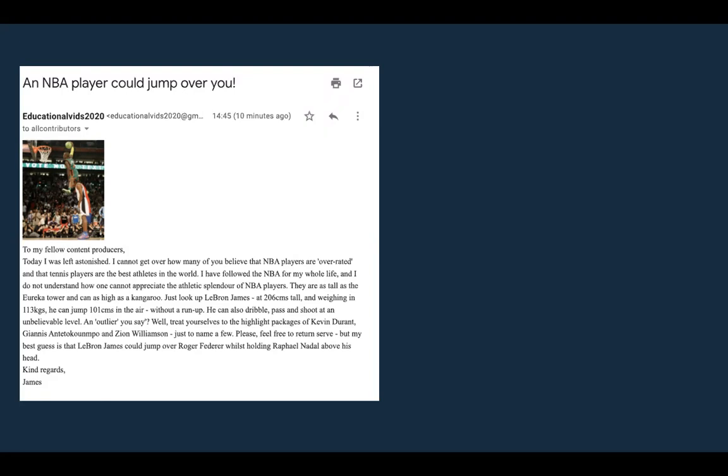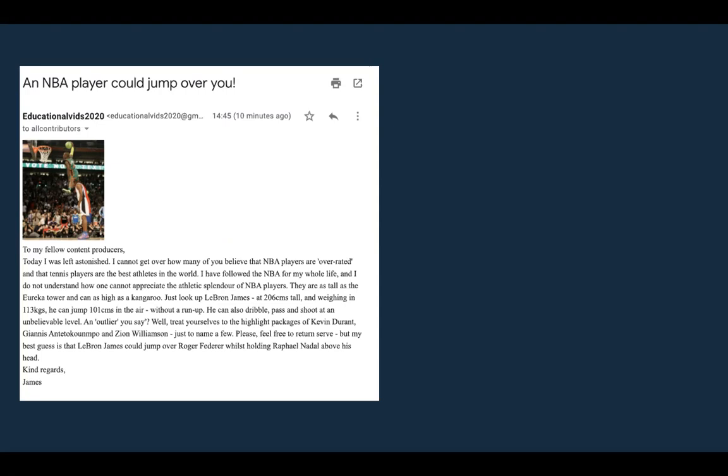I have followed the NBA for my whole life, and I do not understand how one cannot appreciate the athletic splendor of NBA players. They are as tall as the Eureka Tower and can jump as high as kangaroos. Just look up LeBron James. At 206 centimeters tall and weighing in at 113 kilograms, he can jump 101 centimeters in the air without a runner. He can also dribble, pass, and shoot at an unbelievable level.